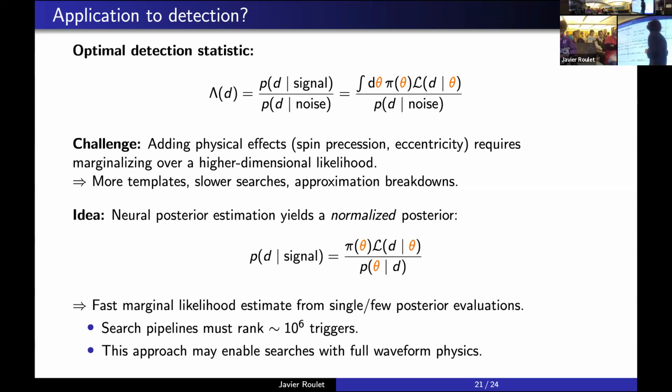And so current pipelines have techniques in place to compute this quantity, but mostly this is more or less a solved problem for simple signals like aligned spins and circular orbits. These are simple signals whose morphology is simple and allows you to do a lot of approximations and tricks.